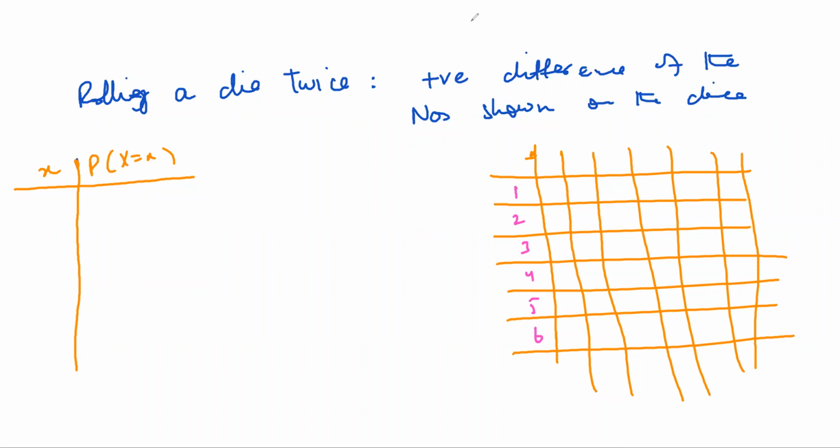So you have this 1, 2, 3, 4, 5, and 6, and you are interested in the differences. So you have 1, 1, the difference is 0, 2, 2, the difference is 0, 0, 0, 0, 0. When you have 1, 2, 2, 1, so this is going to be 1, 1, 2, 2, 3, 3, 4, 4, 5, 5, 6, 2, 1, 3, 2, 4, 3, 5, 4, 6, 5.